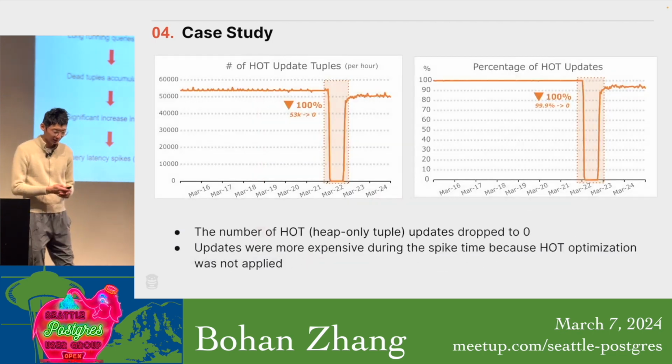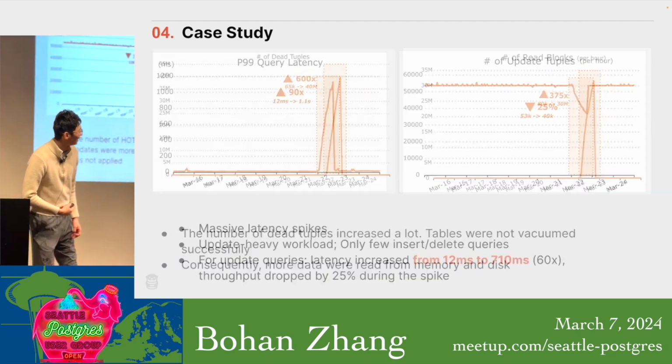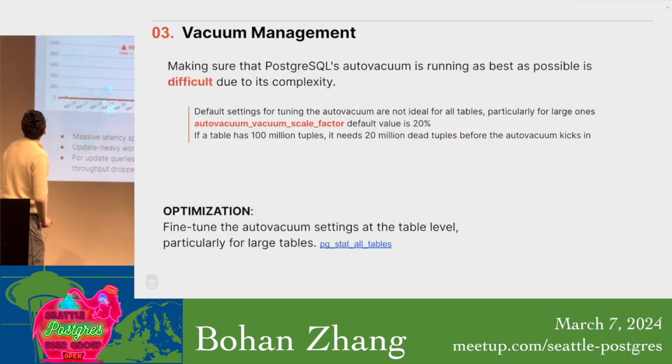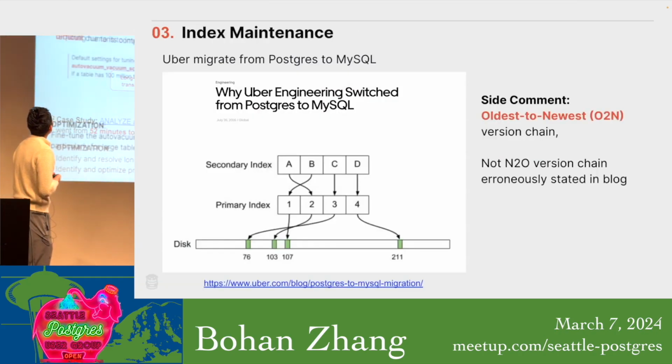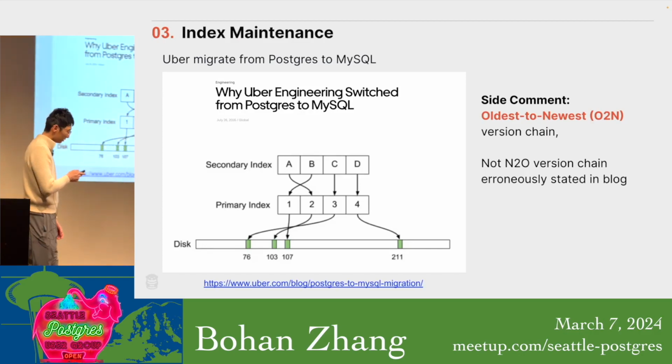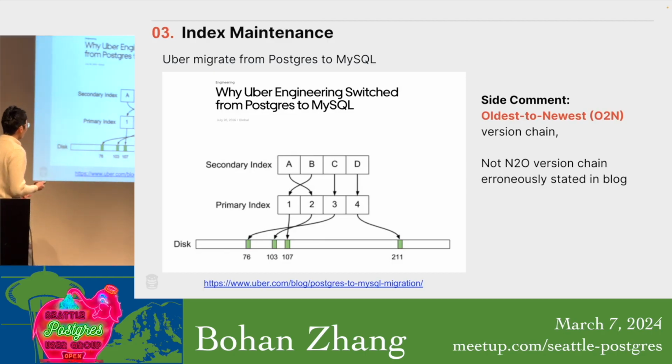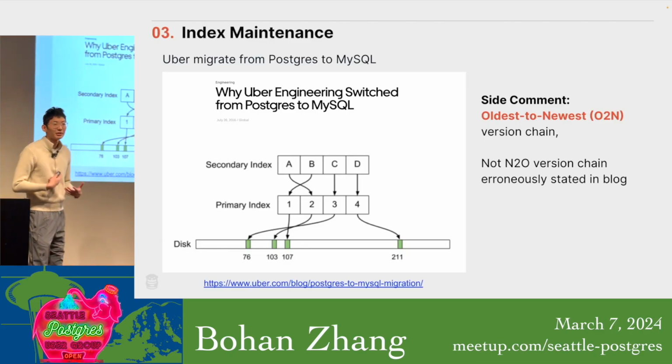One question. You had a slide about Uber migrating from Postgres to MySQL. I don't know if I missed it in your presentation, but is one of the reasons how Postgres handles MVCC and MySQL handles it differently? One reason is indexes.